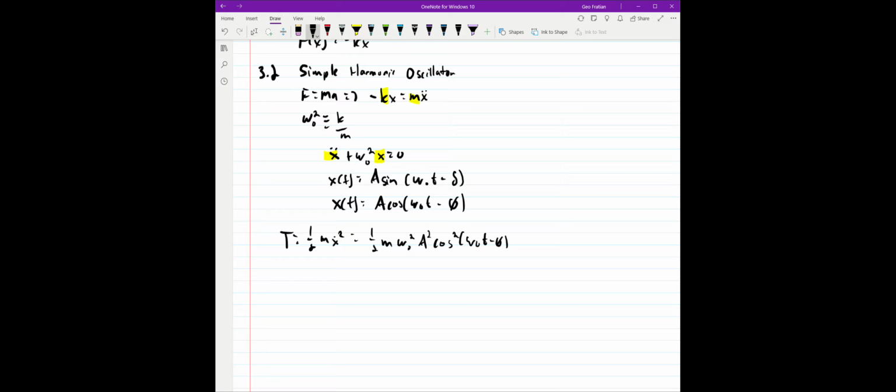Okay, and that's just equal to 1/2 k A squared cosine squared of omega naught t minus delta. Sorry, phi, whatever you want to call it. It's just whatever phase you want to use. Same phase, where we just absorbed m and omega naught squared into k.